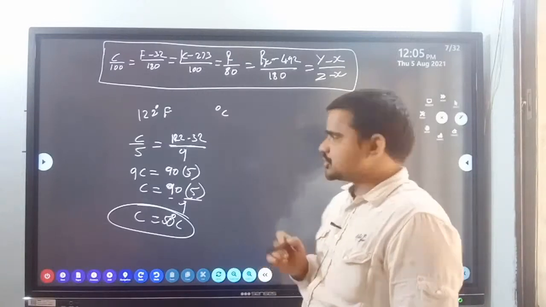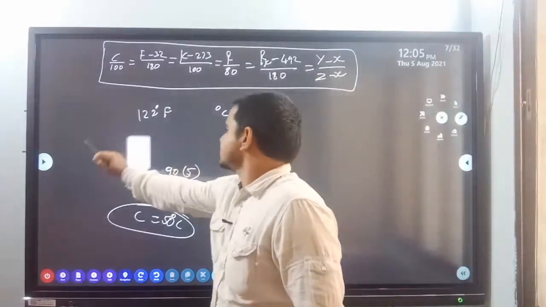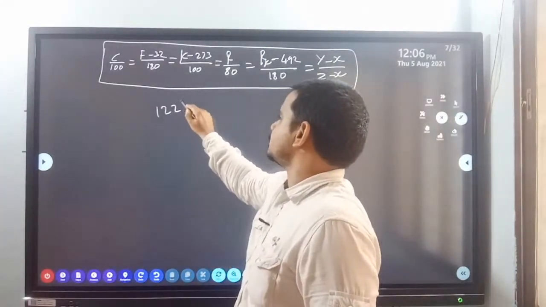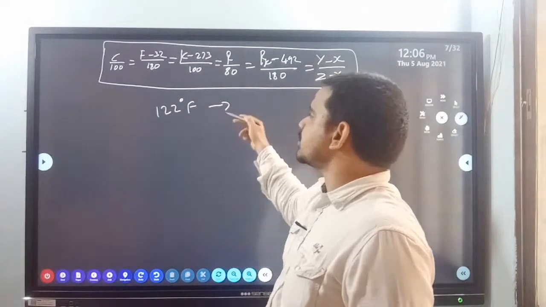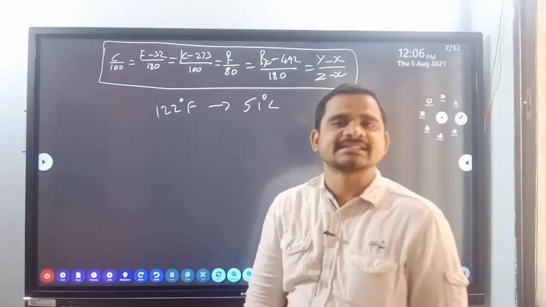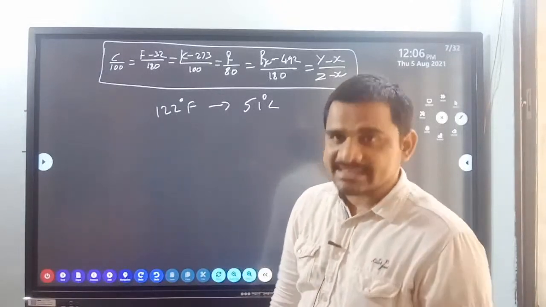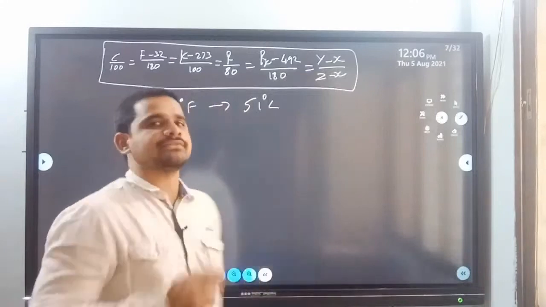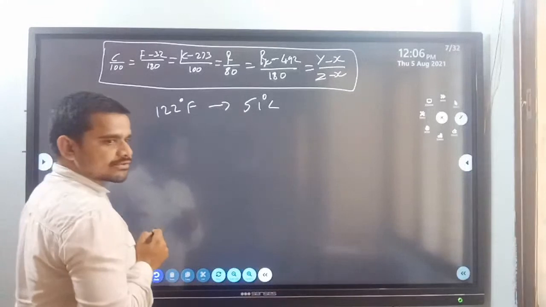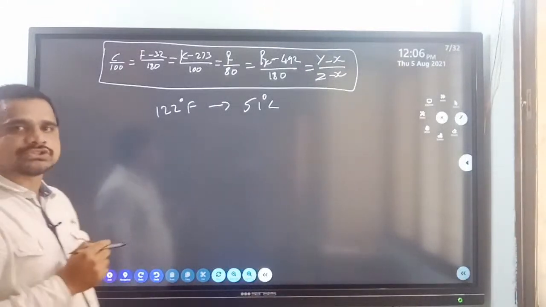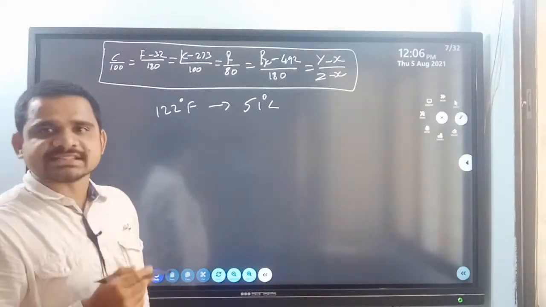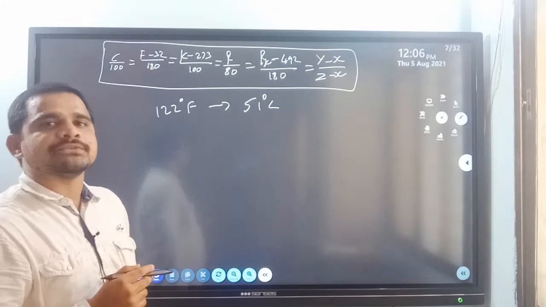Now let's imagine that the correct value is 50 degrees Celsius for 122 degrees Fahrenheit. A student converted 122 degrees Fahrenheit and got an answer of 51 degrees Celsius.